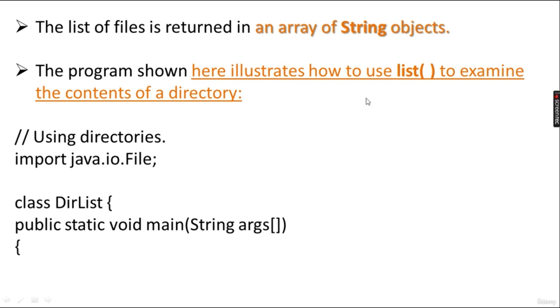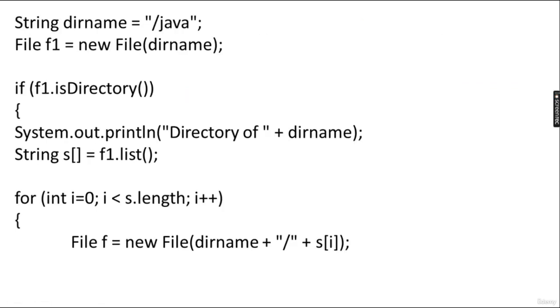Now we will use list to examine the contents of a directory. The directory name is /java. New File of directoryName. If f1 is a directory, it will go inside. First of all, you check whether it is a file or a directory, and if it is a directory, you can list and get the array.